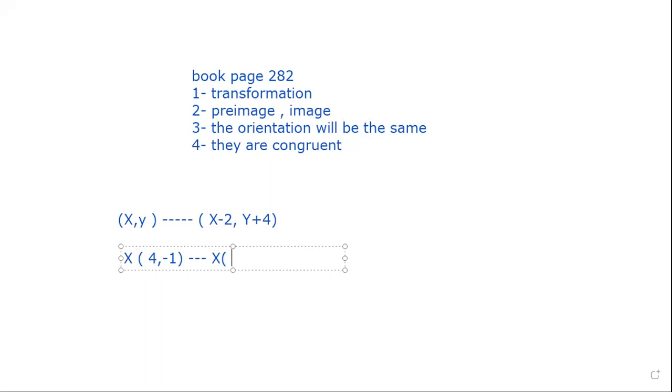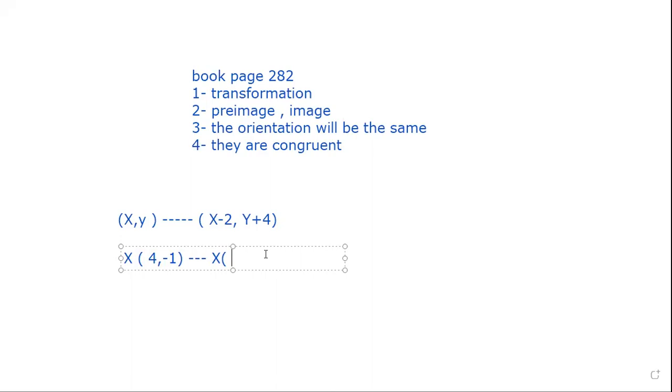How do we find the pre-image exactly? You will read it from the graph, right? The new figure, the blue figure. It's 4 and negative 1, right?